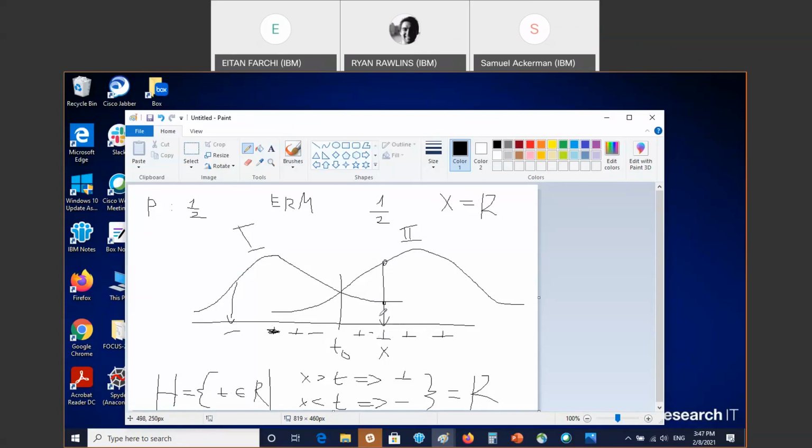How many errors do you have if you put a threshold here? So if I put a threshold here, this is my T, how many errors do I have?